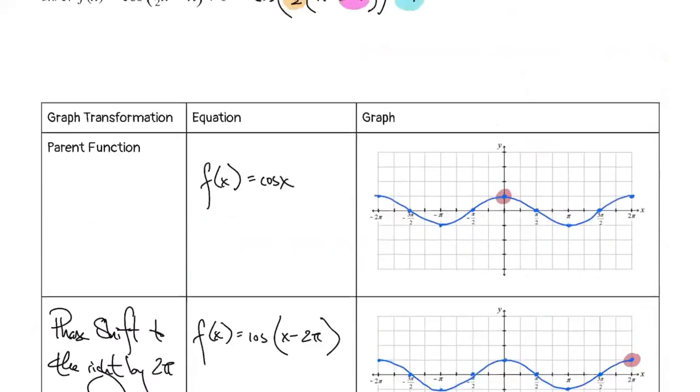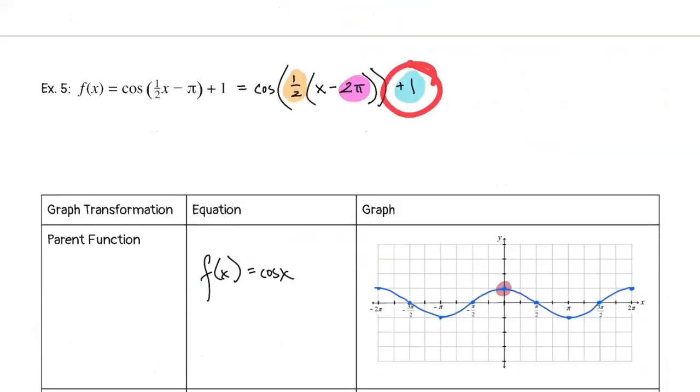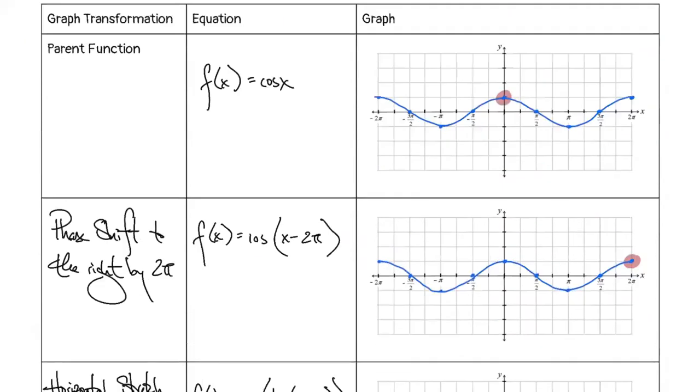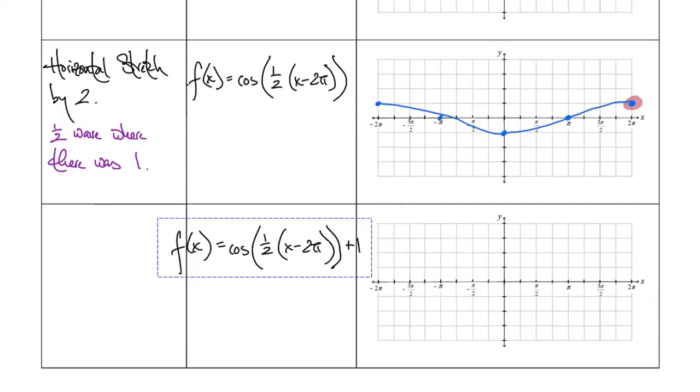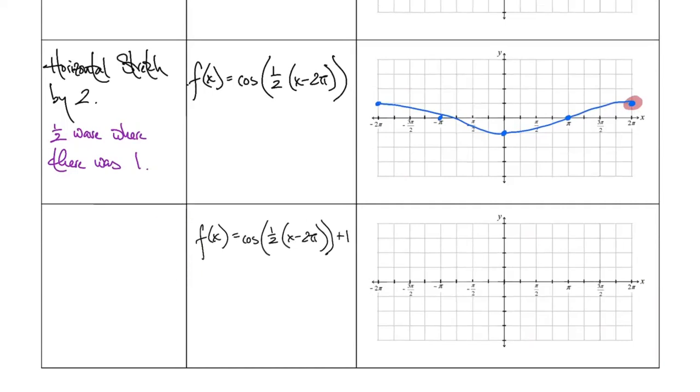All right, last but not least, we had a +1 here. What does that +1 do to the graph? Perfect.